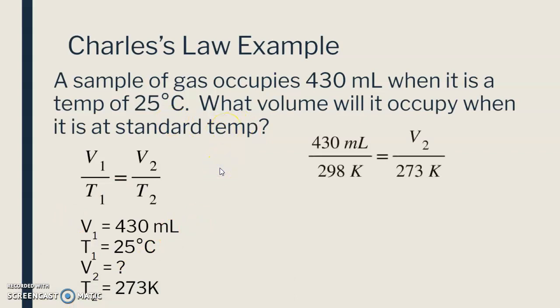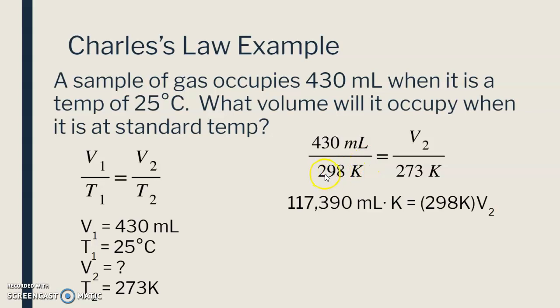So when I plug in my numbers, it looks just like this. And so this is kind of like the X in math class that you're used to. And so you cross multiply, and when we do so, I get this number here, 117,390 mils, okay? And notice I kept the units because that's going to help me in the end.